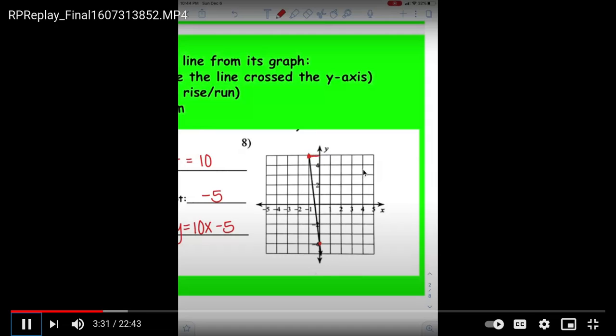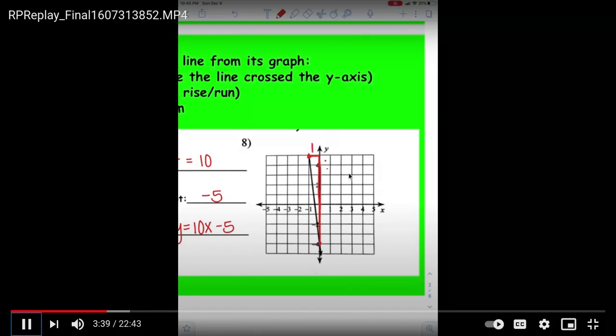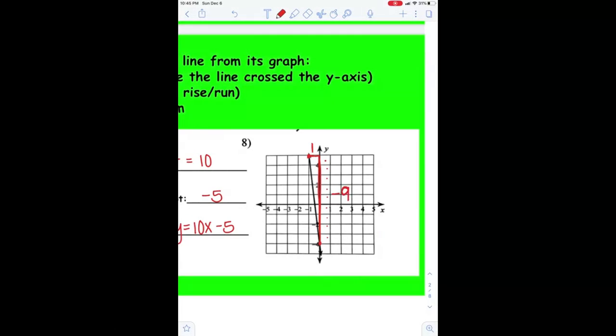So I'm going to do my change in y over my change in x. Notice my line is rising to the left. That means my slope is going to be negative. I'm going down 9, so I have negative 9 over 1 as my slope.